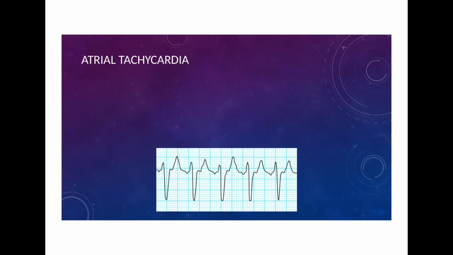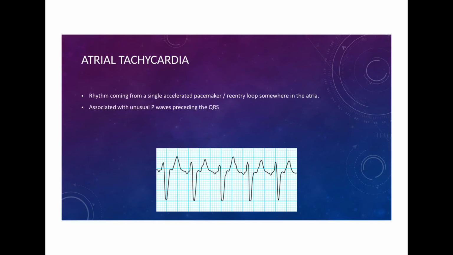Atrial tachycardia is actually similar to multifocal atrial tachycardia, except instead of having multiple P-wave morphologies, you just have one abnormal P-wave morphology. There's either a reentrant pathway or an ectopic pacemaker in the atria that's firing abnormally and causing this rhythm.